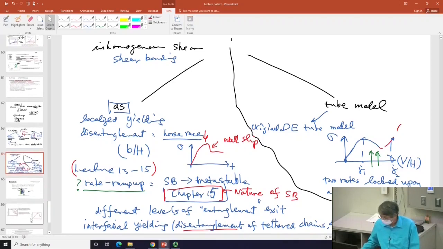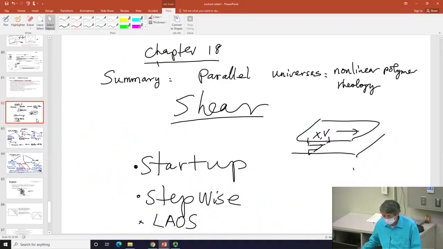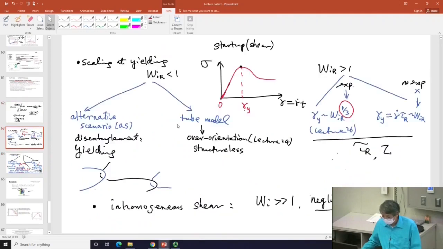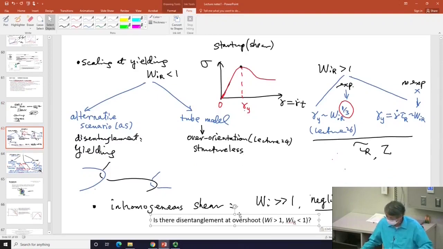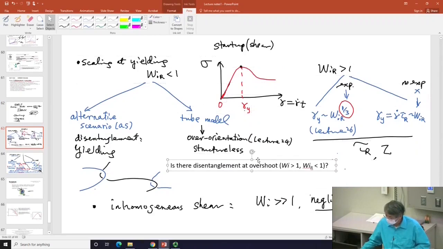I think the only part that I should add and have not added is in this scenario here. I want to indicate, in this low rate case, that the alternative scenario and the tube model in many ways are incompatible with each other.